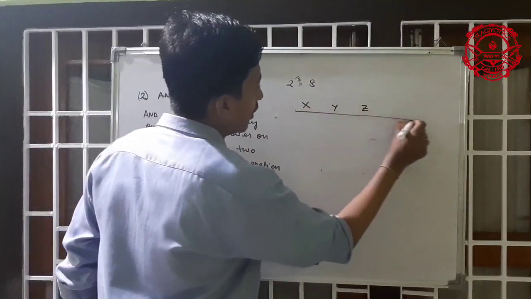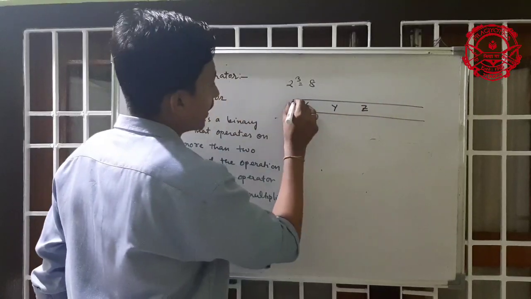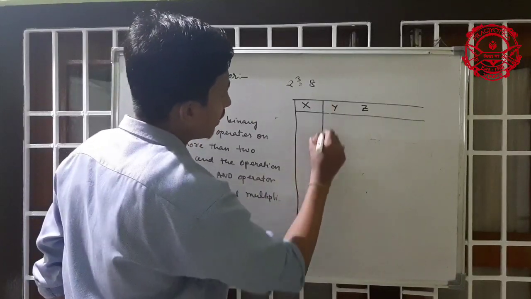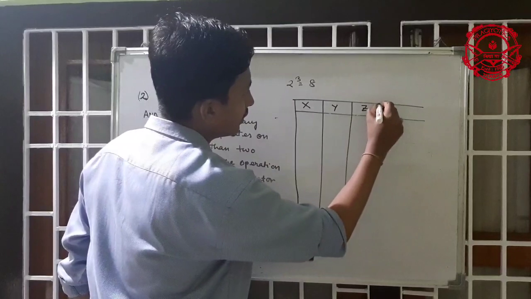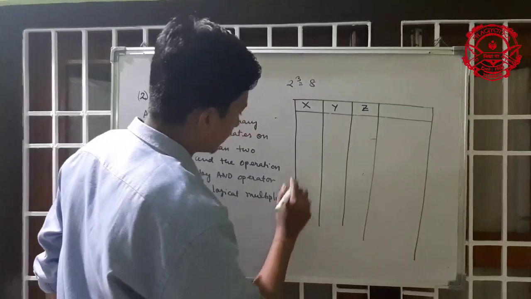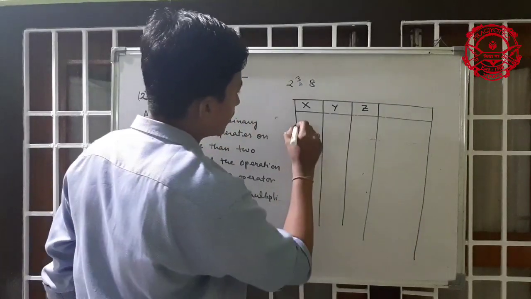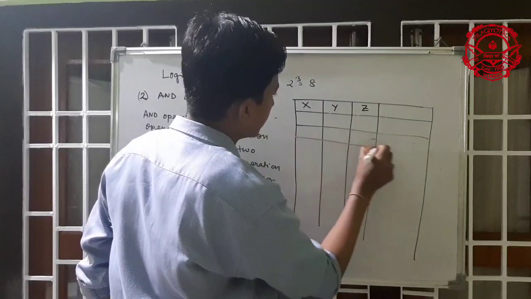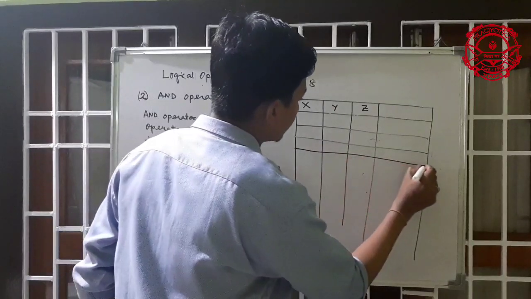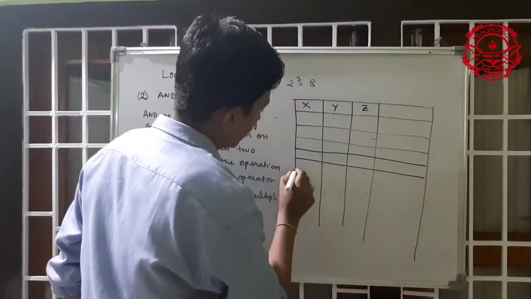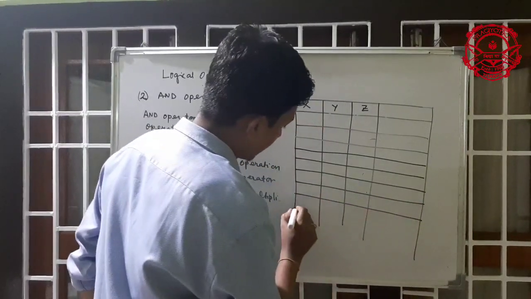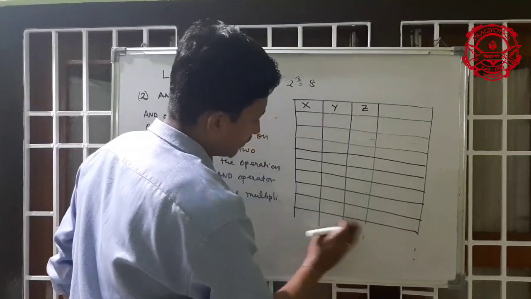Now if I create a truth table for this purpose, there are 8 possibilities: 1, 2, 3, 4, 5, 6, 7, and 8.